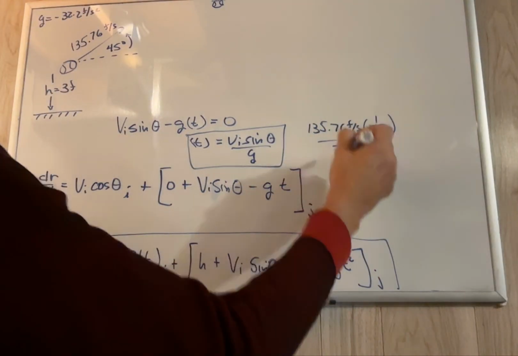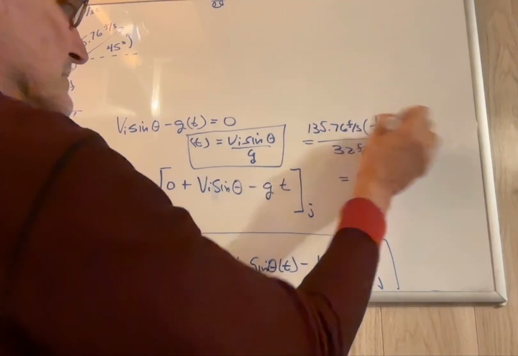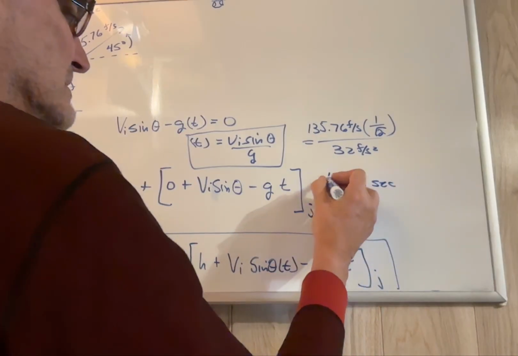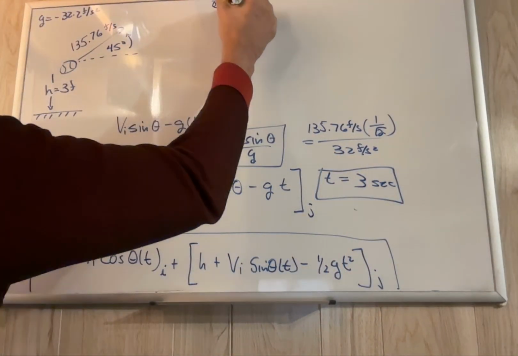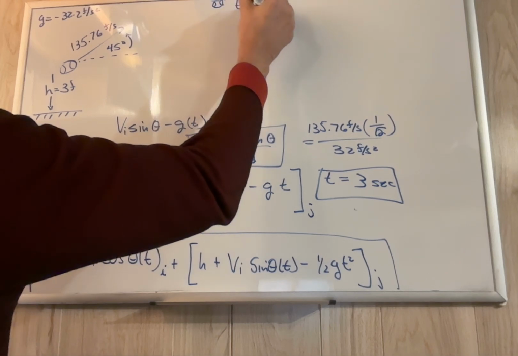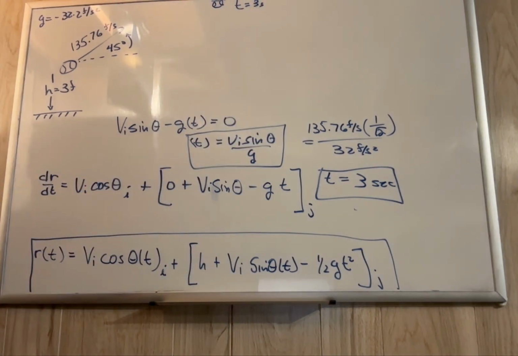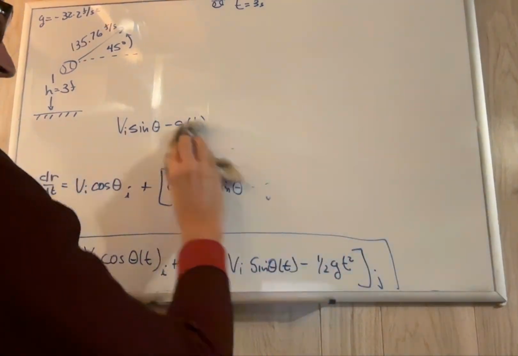It's going to end up just being time, seconds, which ends up being 3. Once we do all the calculations, it ends up being 3 seconds. So t is equal to 3 seconds. Let's put that up here. At this point, t is equal to 3 seconds, so that tells us what time it is when that happens.